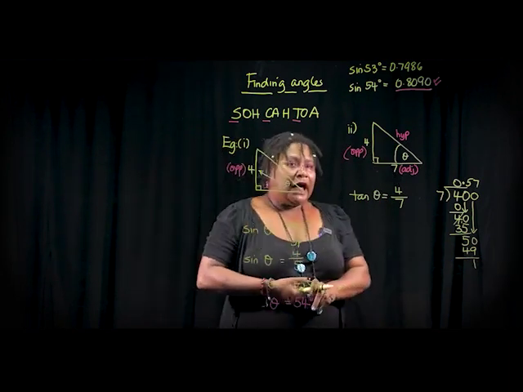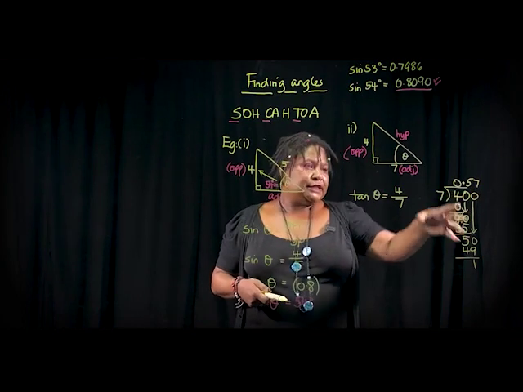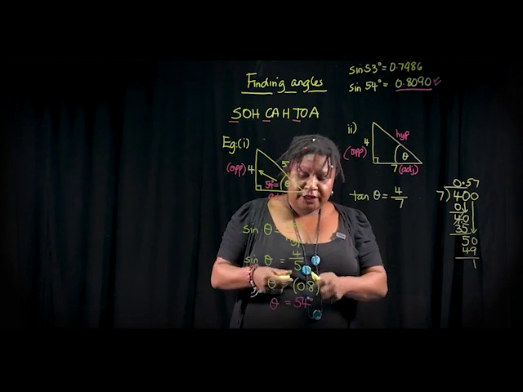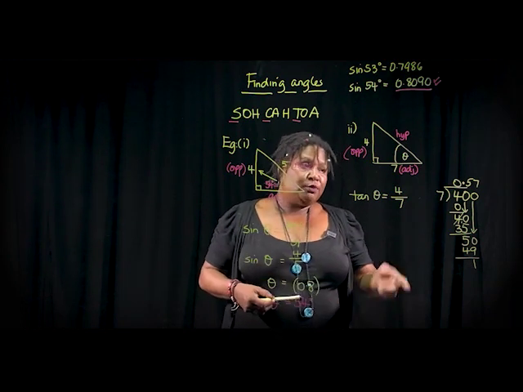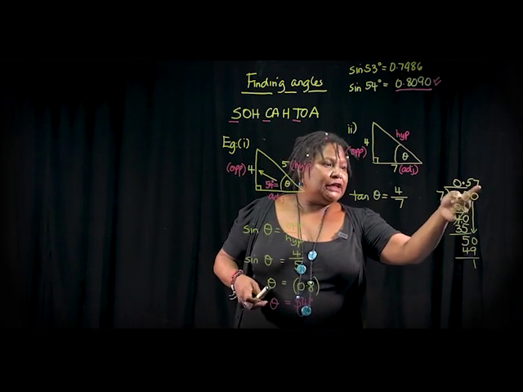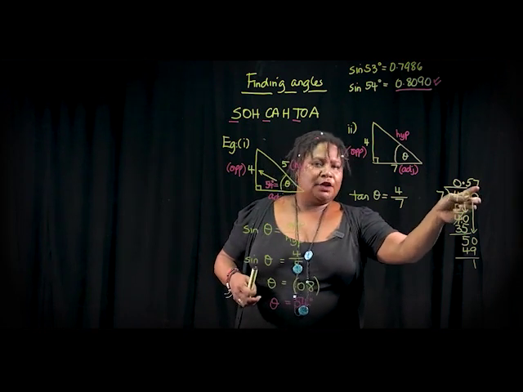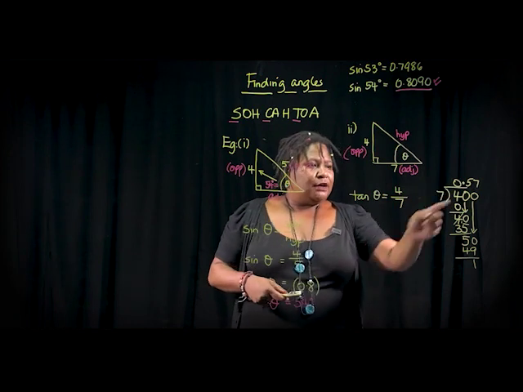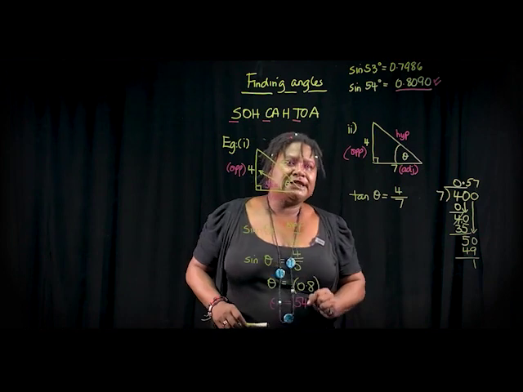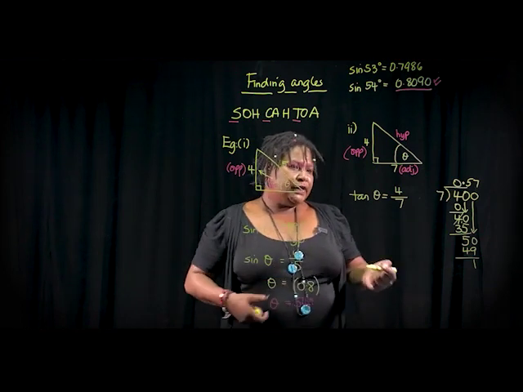Okay. Now, I can keep adding zeros, and this number will get longer and longer because this is what we call a non-terminating decimal. It will not end. It will continue going. So to make life easy, we are going to just bring our answer to 2 decimal places, and we will use that to help us find the angle. Okay?